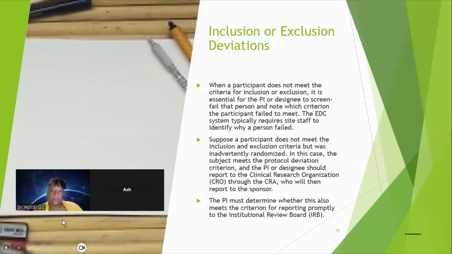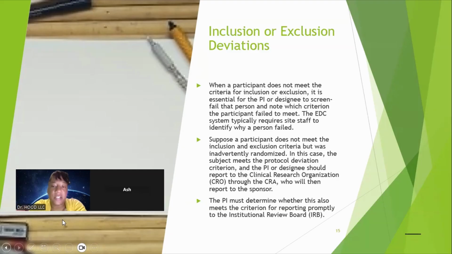I'm trying to find the best practice for this situation. Would the PI not want the subject to even continue the screening visit assessments until we determined if the subject would qualify?